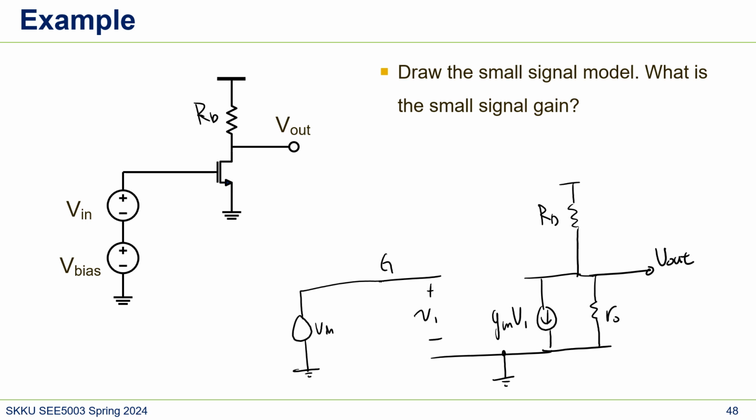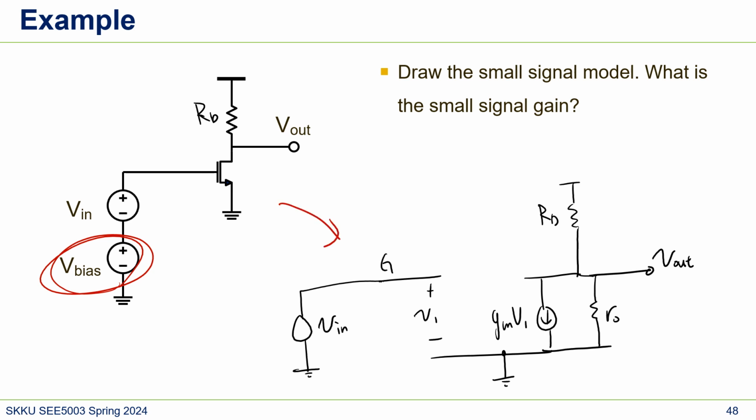You see the difference here? I'll write vout in lowercase. And here this is also actually vin. You see the difference here? Where is this V bias? That's one of the key points here.